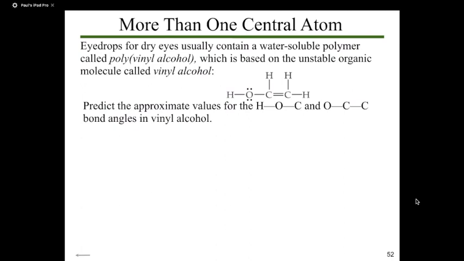Okay. So let's look at this. We first want to look at the one that is hydrogen, oxygen, and carbon. We want to look at that one. So this bond right there. If I look at that bond right there, which one is the central atom? Oxygen. Okay. So now that I've identified the central atom, then what electron pair domain am I dealing with?